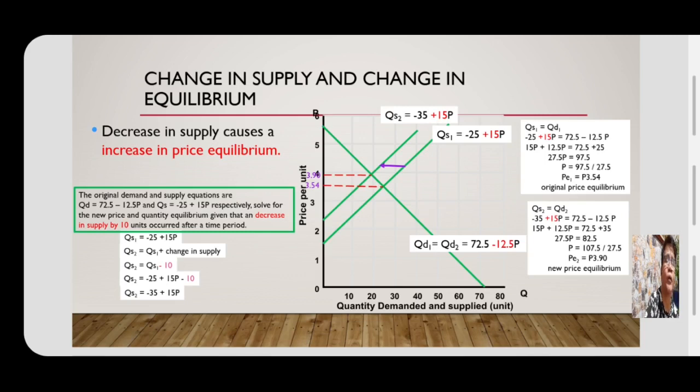Positive, rather, since 3.90 minus 3.54 is positive 0.36 pesos.